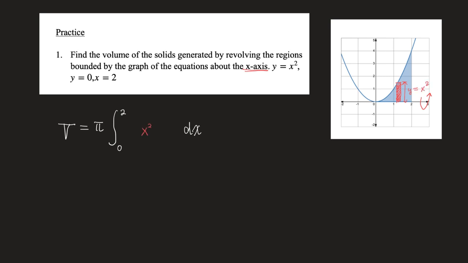So here is x squared, radius squared. You're going to find pi, integral from 0 to 2 of x to the fourth power dx. Here is pi, x to the fifth power over 5, evaluated from 0 to 1. This one is pi over 5. So you find the volume for this question.